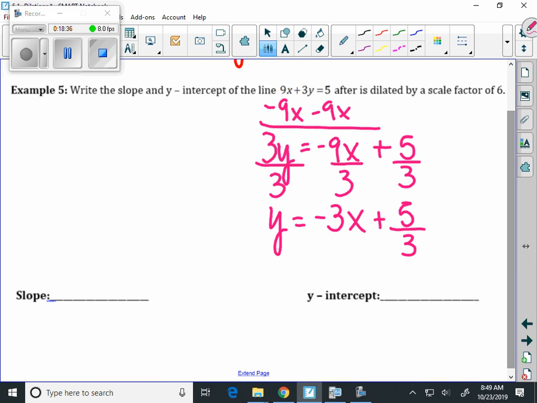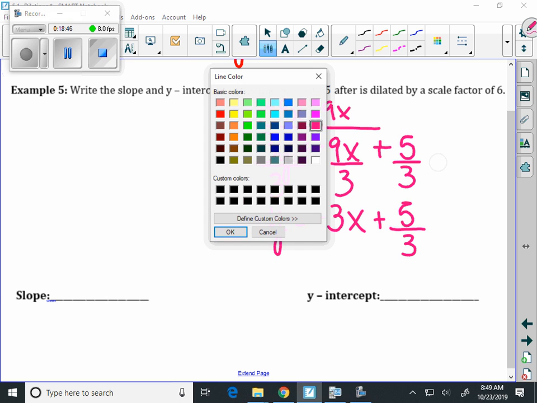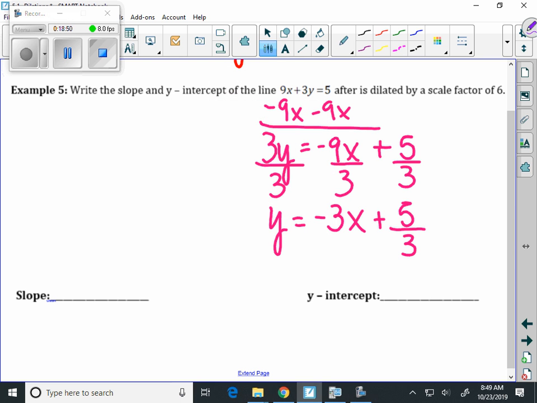What we know when we dilate here is that dilations are going to have the same slope. So now that we put this equation into slope-intercept form, what we know from here is that our slope is -3, and our y-intercept is 5/3.